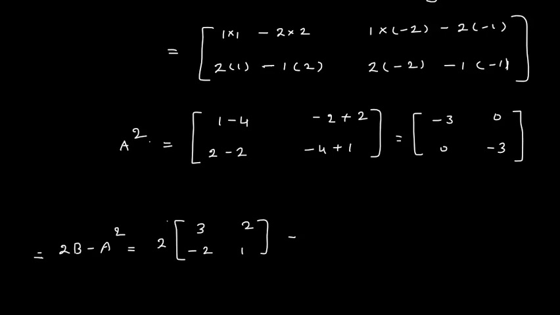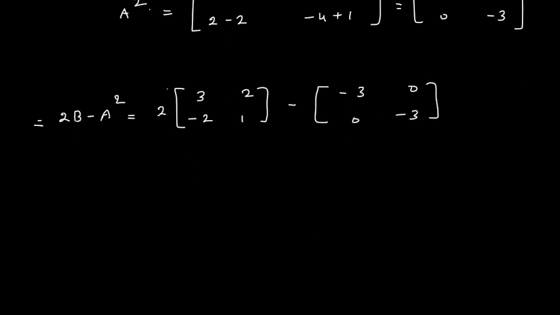A square is [-3, 0; 0, -3]. So now here 2 into 3 it is 6, this is 2 into 4, this is minus 4, this is plus 2, minus, here we have [-3, 0; 0, -3].